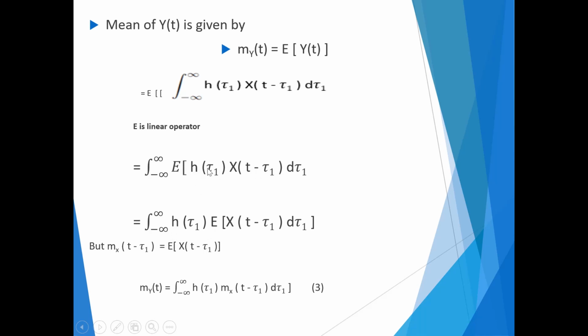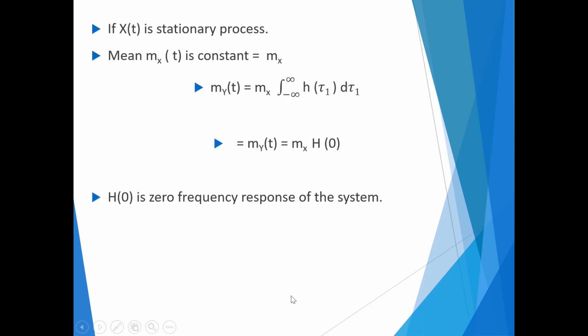We can take the separate term h(tau1) and find the expected value of x(t minus tau1), which is nothing but m_x(t minus tau1). So we can now say that m_y(t) is equal to the integration from minus infinity to infinity of h(tau1) m_x(t minus tau1) d tau1.